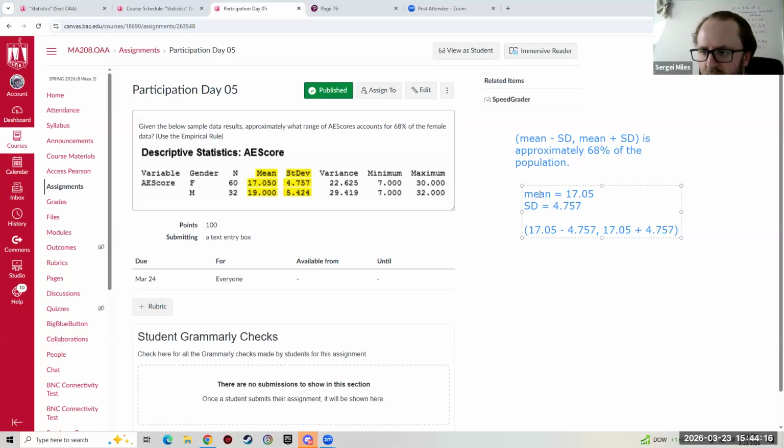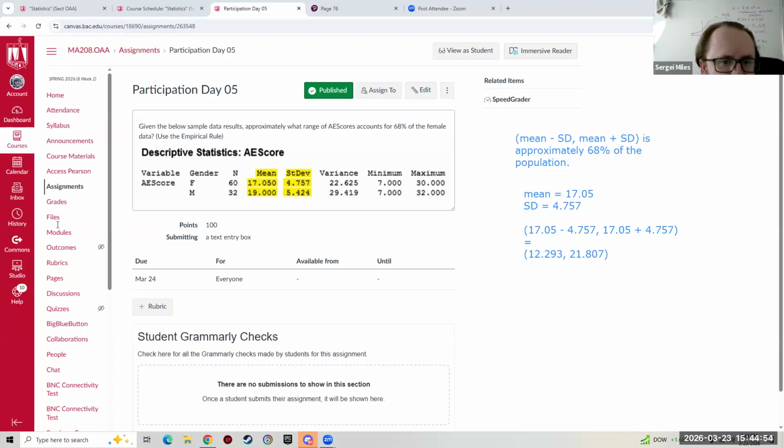Okay. And from here, we go to a calculator to get our answer. 68% of women have AE scores in what interval range? Well, we go to a calculator, and 17.05 minus 4.757 gives us 12.293, up to an upper bound of 17.05 plus 4.757, which gives 21.807.